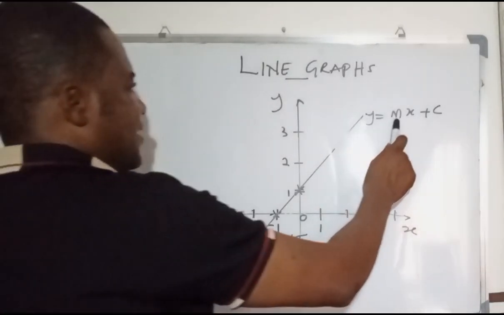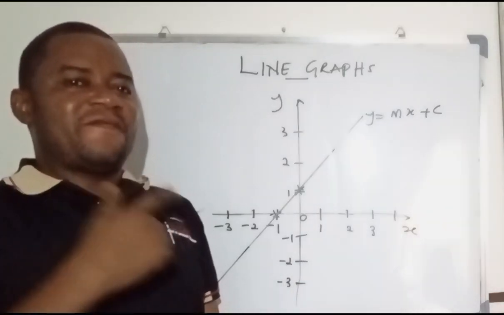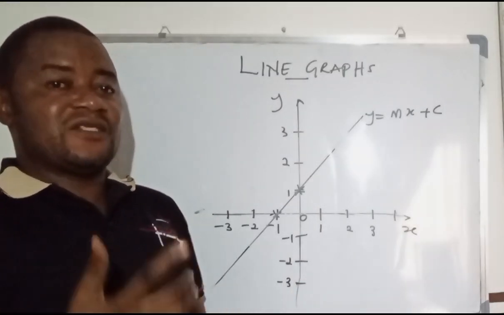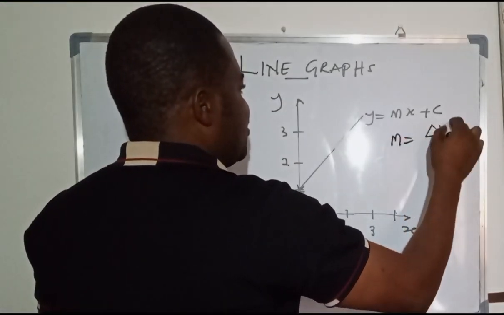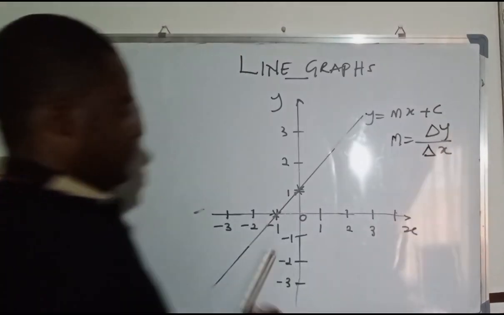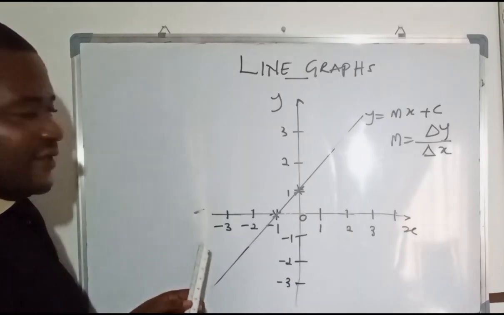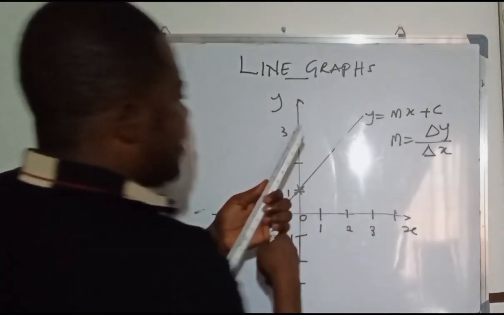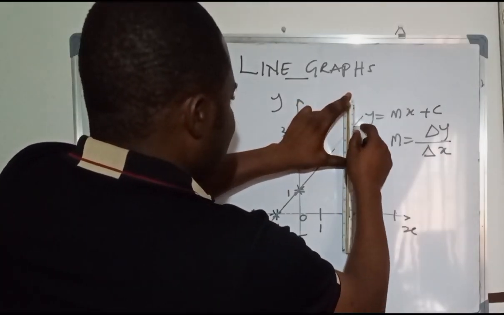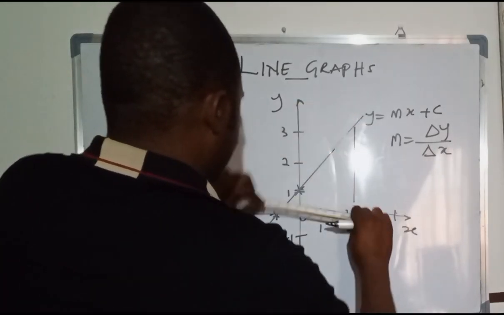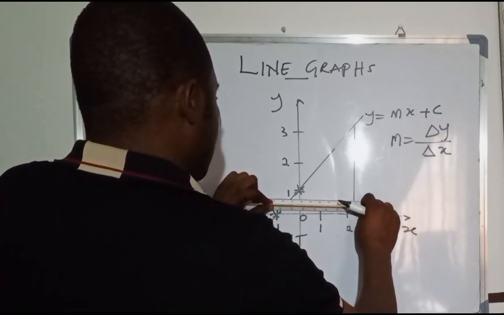So for us to look for the slope, we are going to cast our minds back again to the first diagram we had, which tells us that the slope is simply defined as m equals the change in y over the change in x. So by doing that, it means we are going to draw a triangle across this board. At any point where you wish to, just put up a triangle.